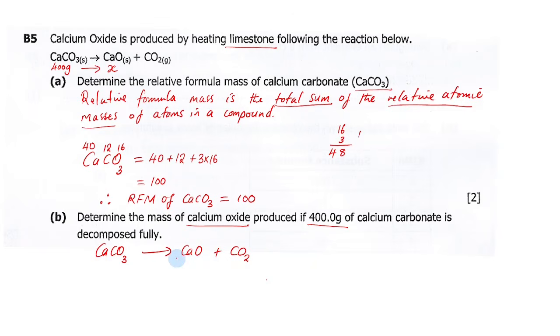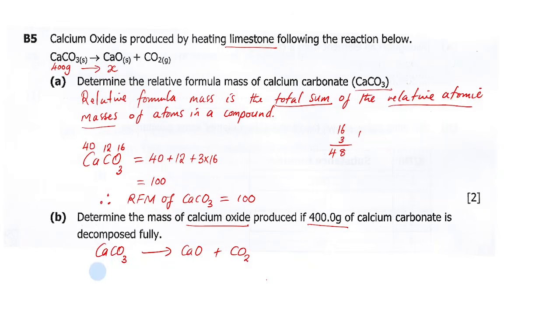Now they're saying determine the mass of calcium oxide produced if 400.0 grams of calcium carbonate is decomposed fully. If it is decomposed fully, it means everything will be used to produce this and that.